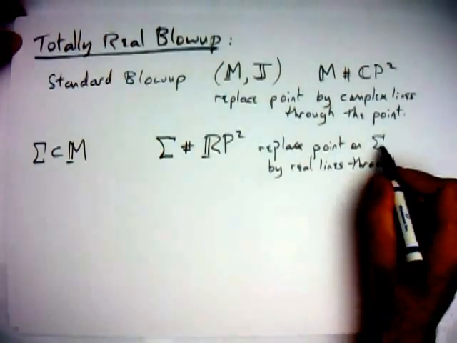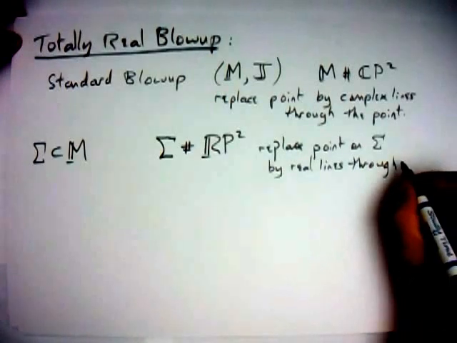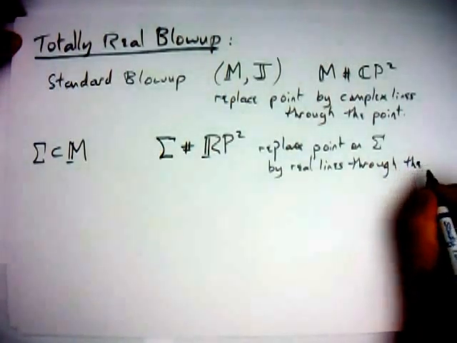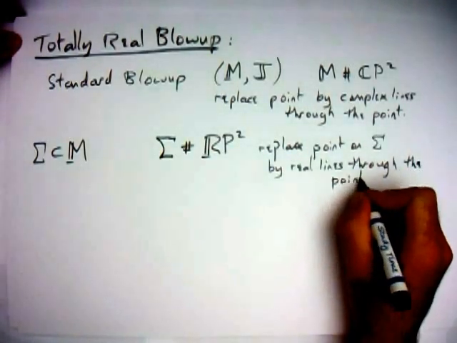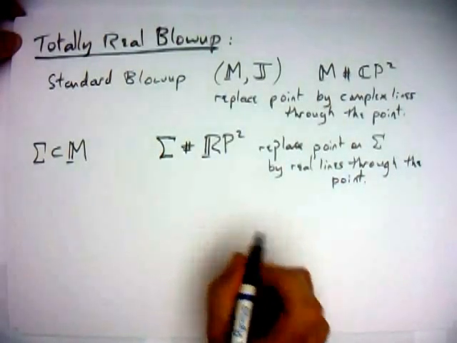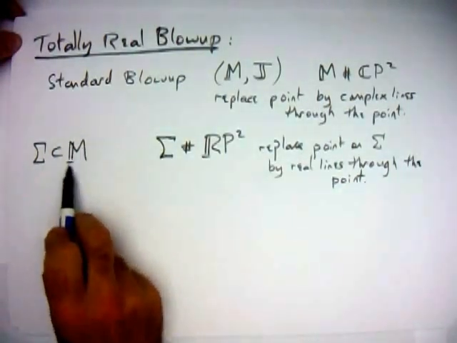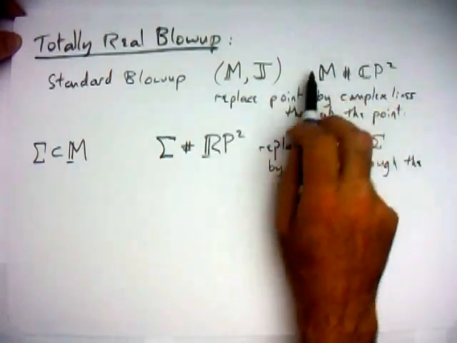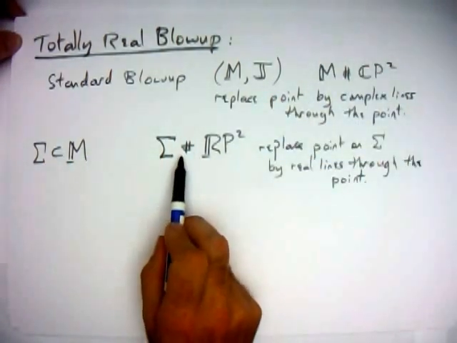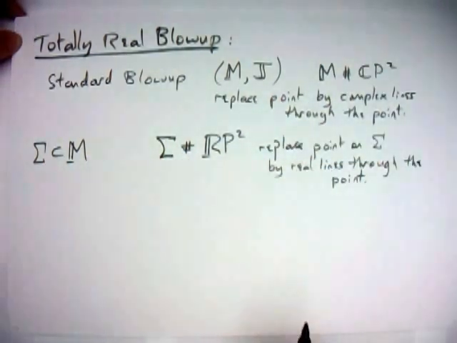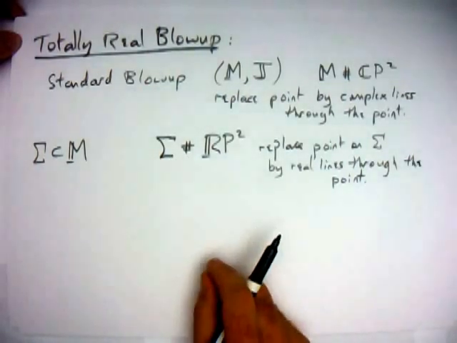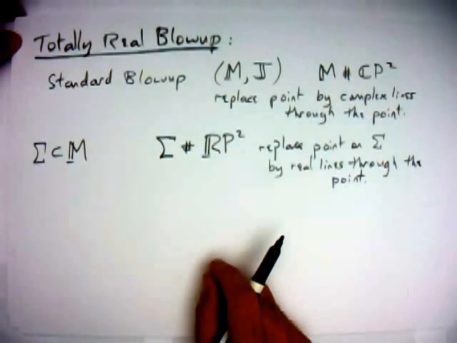And when I say real lines, I mean real lines on this surface, so it's just an S1 through the point. Now, of course, here we do not change the ambient space, unlike standard blow-up where you're changing your ambient space. Here we have an embedded surface and we are replacing it by another embedded surface without changing the ambient space at all.